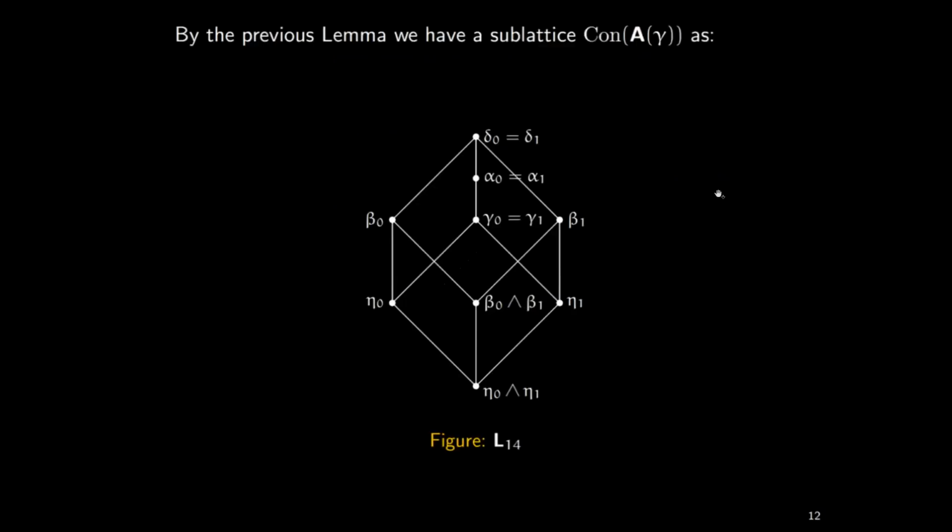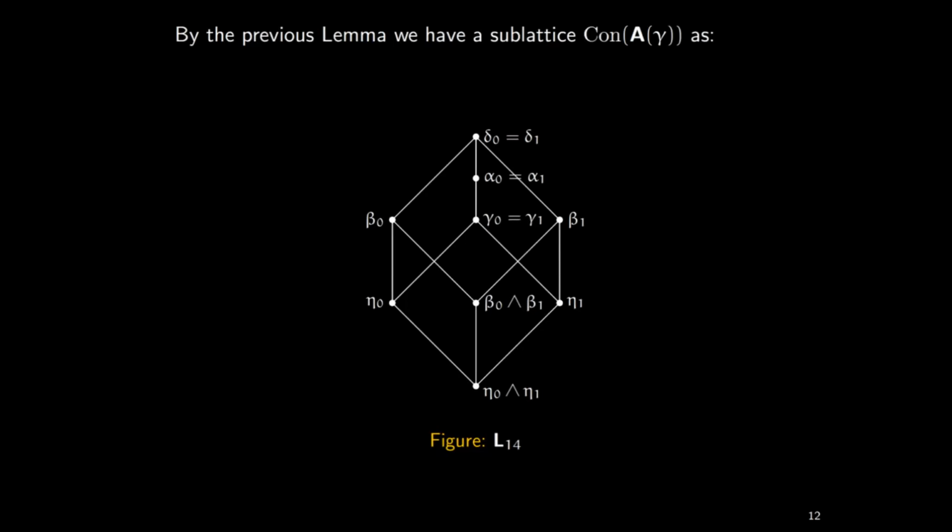In a result of Freese, it was proven that A of gamma is uniquely determined for every pentagon, and it is this lattice L14. The name actually comes from the result of, I guess, Jónsson and Rival, that is characterizing all the coverings of the smallest non-modular congruence variety, that is the variety generated by N5.